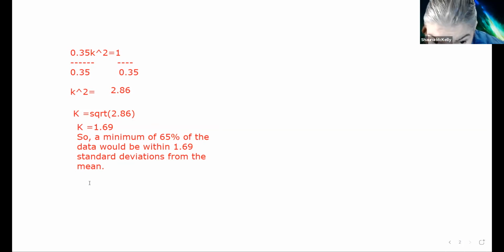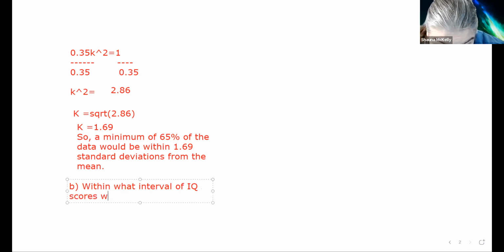But if I wanted to know, how about within what interval of IQ scores would a minimum of 65% of the data fall, right?